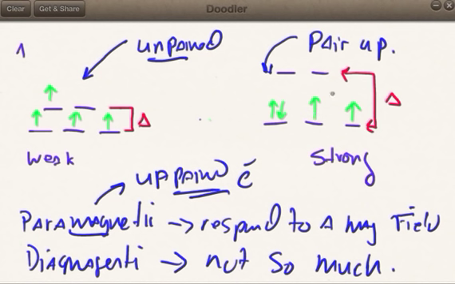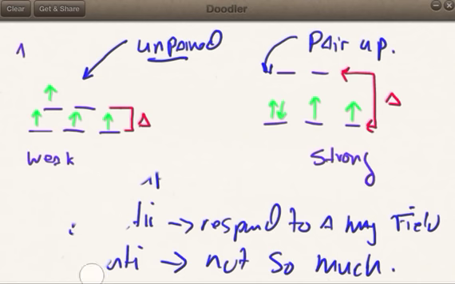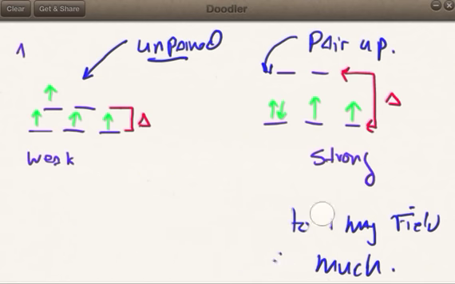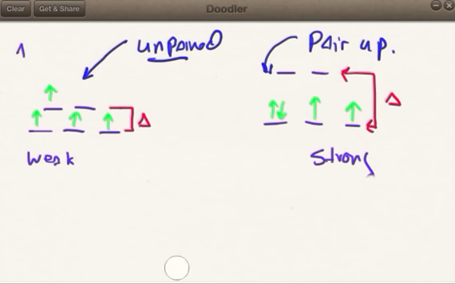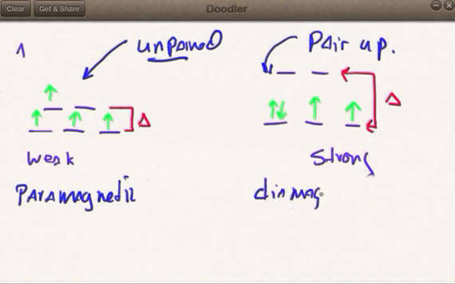I have 2 unpaired electrons in this case, and in this case, I have 4 unpaired electrons, and even though we're dealing with the same number of electrons, the weak field has significantly more unpaired electrons. So the weak field tends to be paramagnetic, or more paramagnetic than the strong field. The strong fields tend to be more diamagnetic compared to the weak fields.